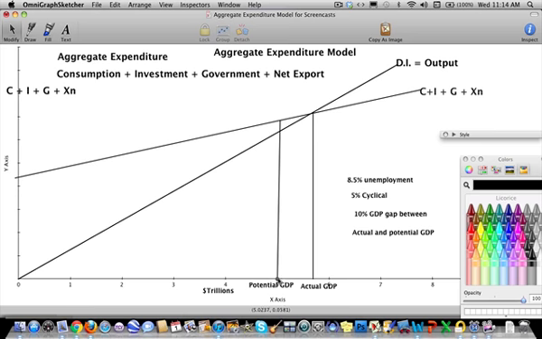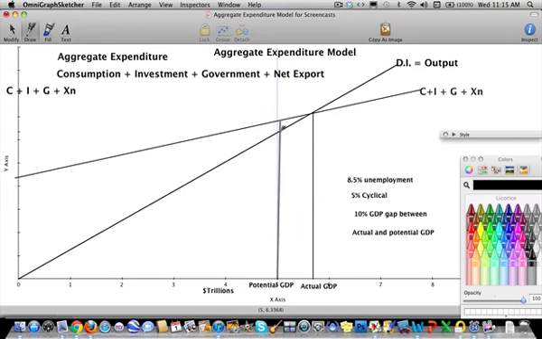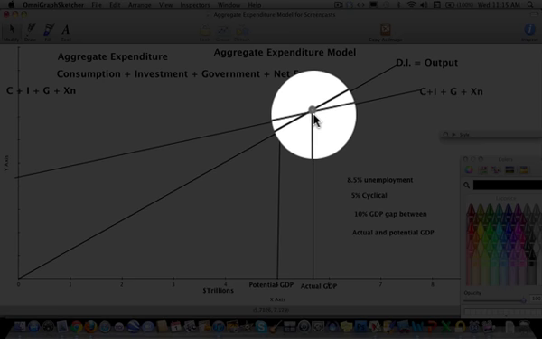What I want you to notice is that at the level of potential GDP, we really should be here. This should be our equilibrium. But we're at equilibrium right here because there's too much spending in our economy.